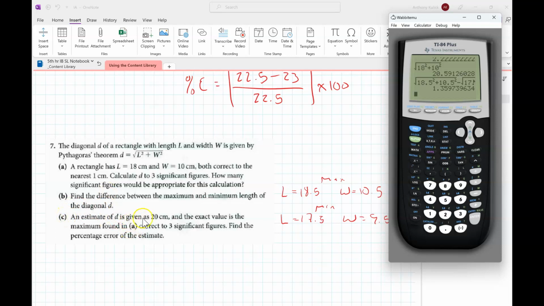An estimate of D is given as 20 centimeters, and the exact value is the maximum found in A, correct to 3 significant figures. Find the percentage error of the estimate. Is the maximum found in A? We didn't find a maximum in A.